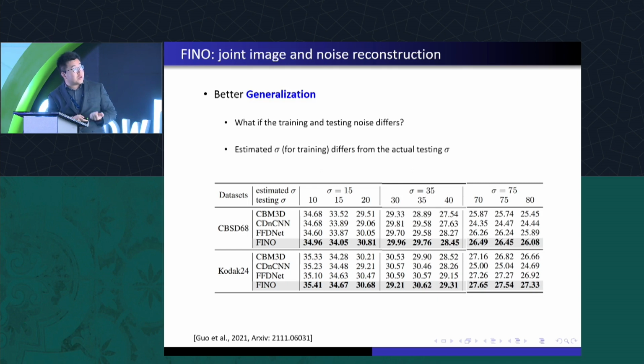For example, here, if we set the training sigma, the noise level, to be 15, and the testing sigma deviates from the training sigma, the performance drops quite significantly, right? We want to avoid that. We want good denoising results by making the method more robust, or more generalizable. And it seems like this joint modeling idea is a good candidate for such robustness.